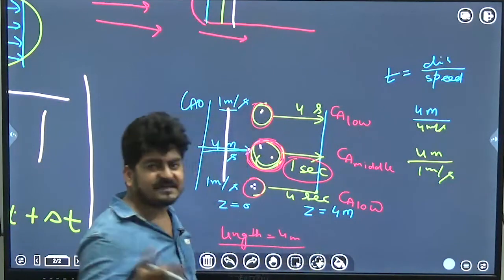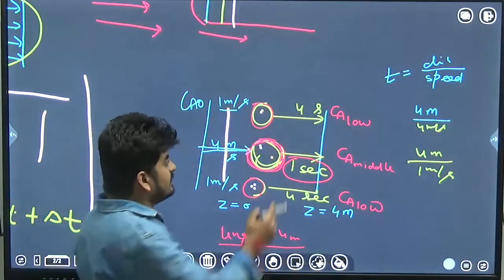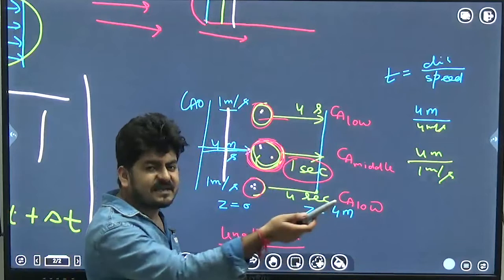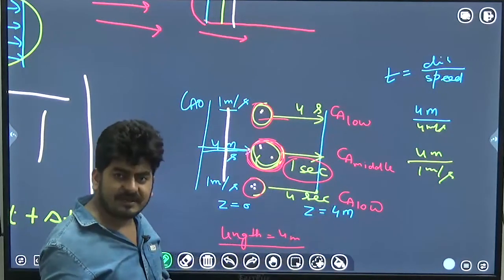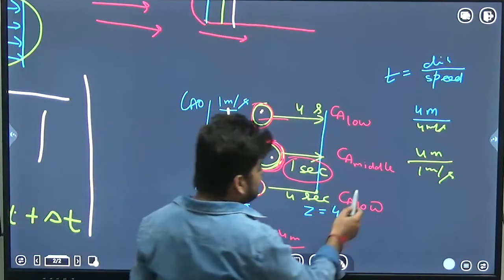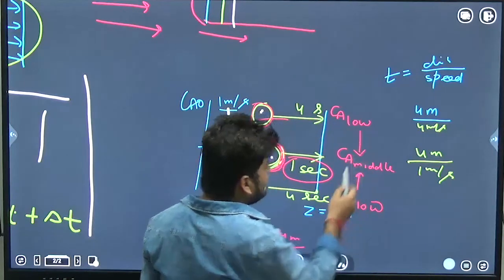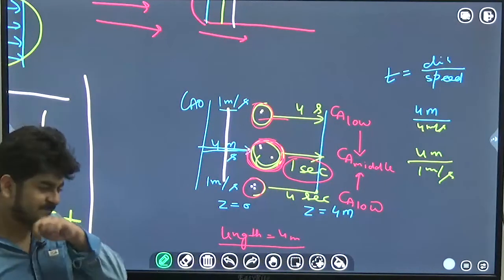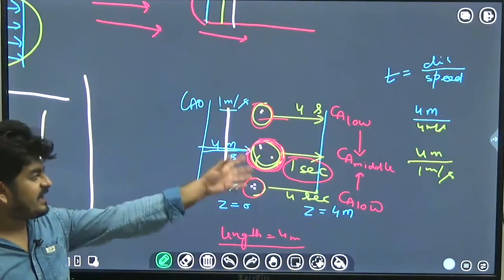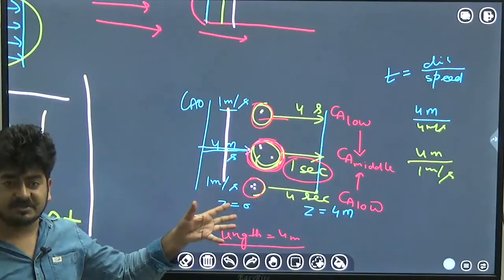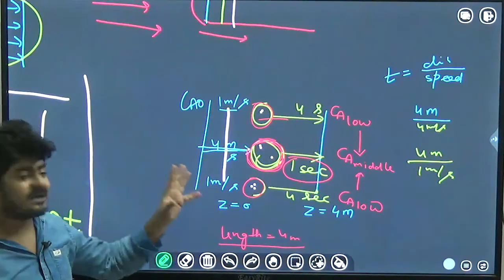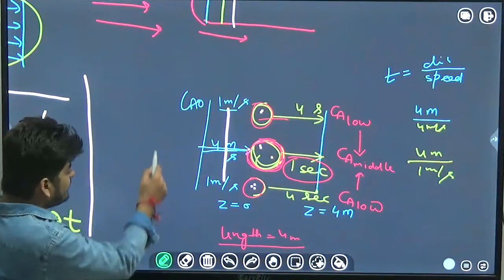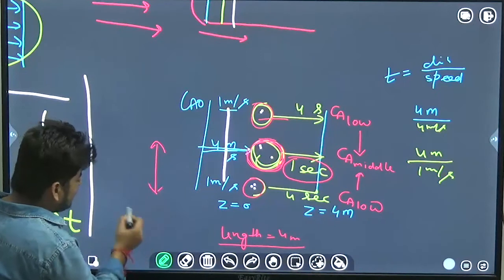Because Ca represents the remaining concentration. So for these molecules, conversion is high, so obviously the remaining concentration will be low as compared to these centerline molecules. Okay. So we can see non-uniform concentration distribution in the vertical line, in the radial direction.